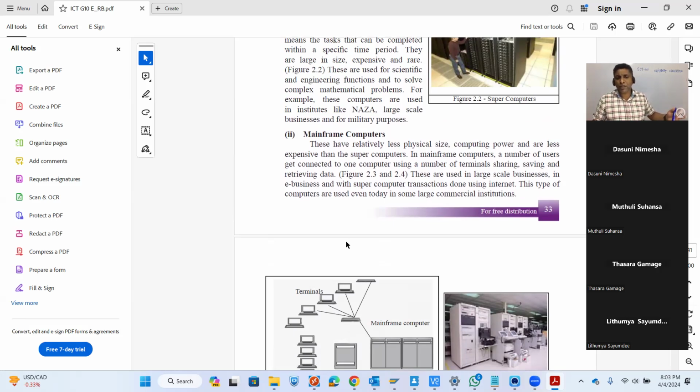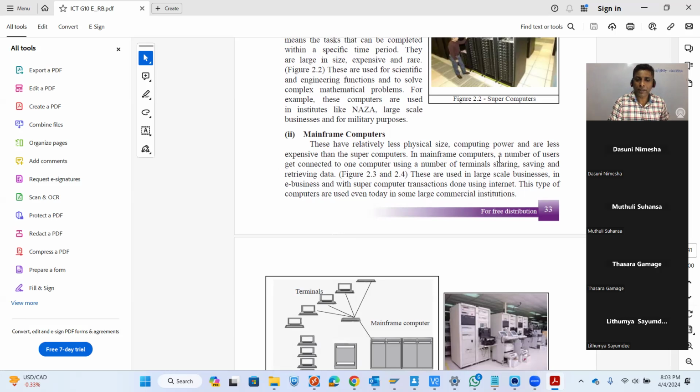Supercomputer-level processing power is not required, but something lesser than the supercomputers and more than the server computers. So they require something in between. So they introduced something called mainframe computers, right? They have relatively less physical size compared to the supercomputers, less computing power, and are less expensive than the supercomputers. So those are comparatively a little bit cheaper, right?